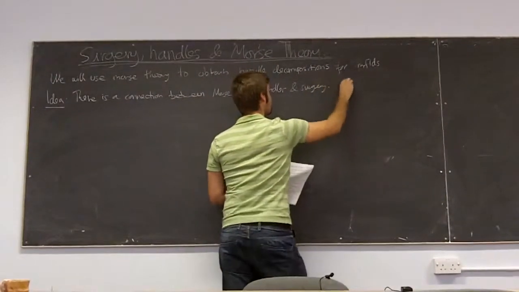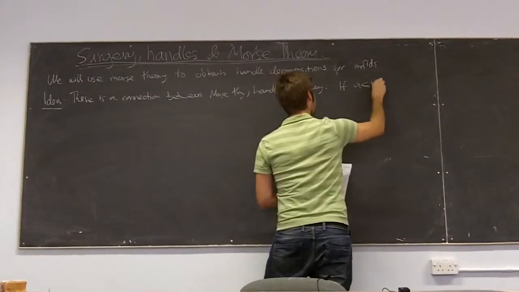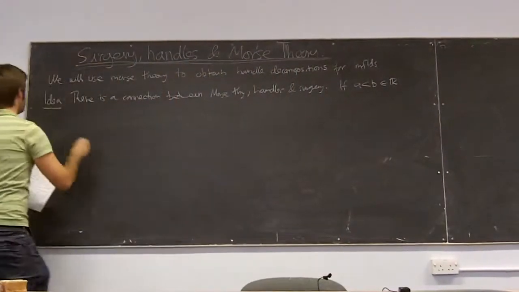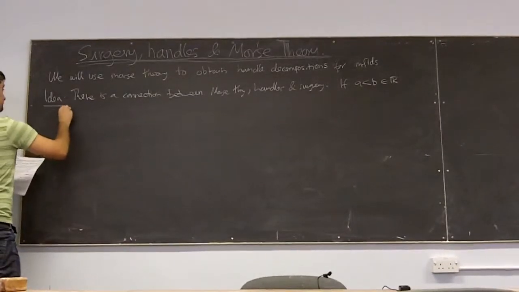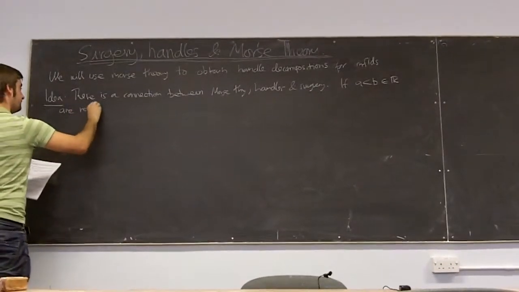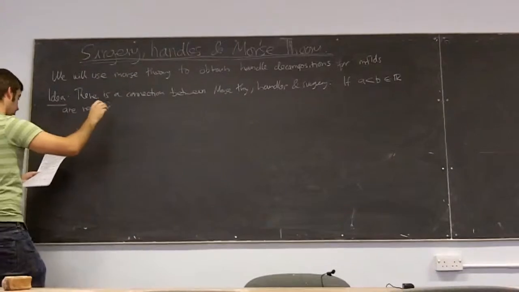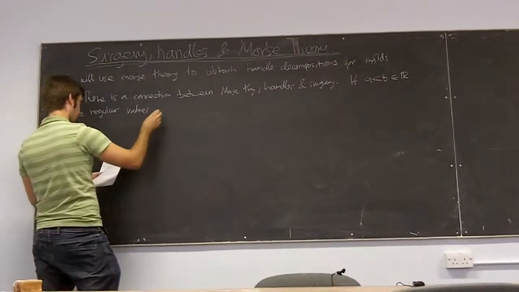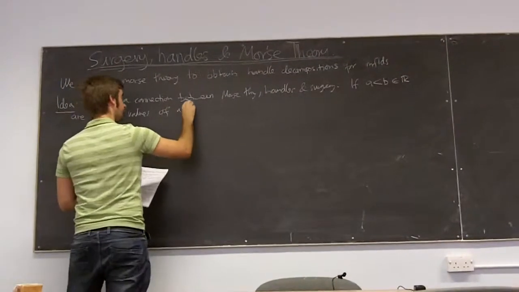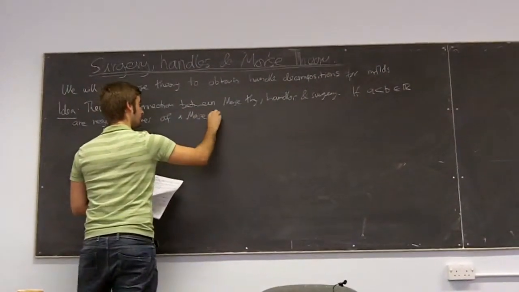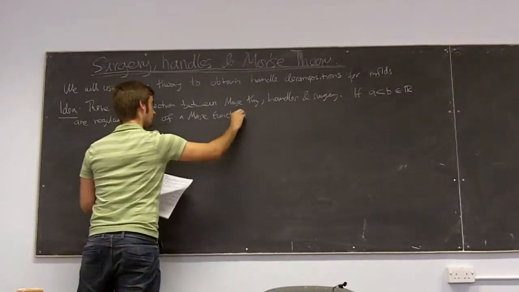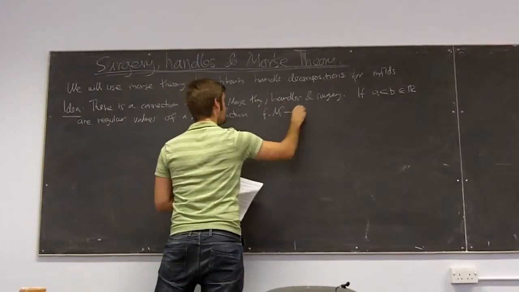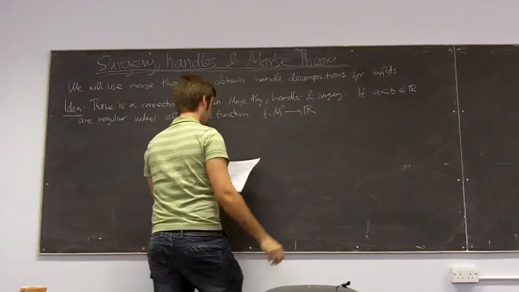Namely, if we have two real numbers a less than b, and they are regular, I'll explain what this means in a moment, but I'm sure you probably all already know, regular values of a Morse function, f from M to the real line.